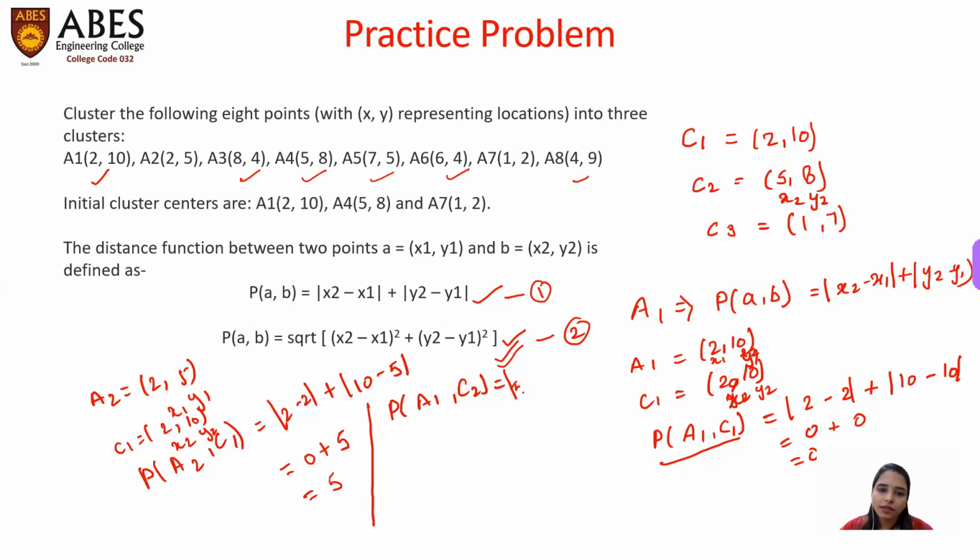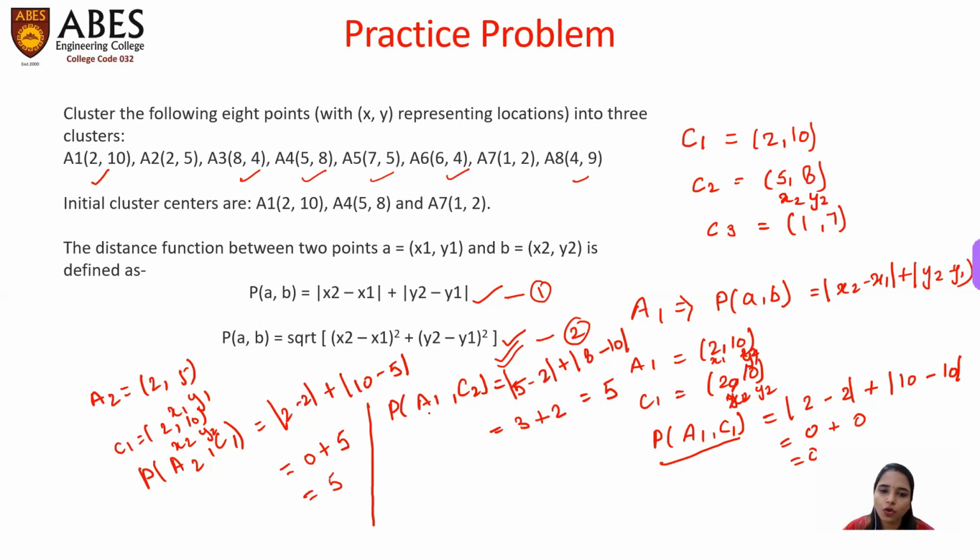So 5 minus 2 is 3, plus 8 minus 10 is minus 2. But because we are using the absolute value function here, we will write it as 2, so the distance is equal to 5.